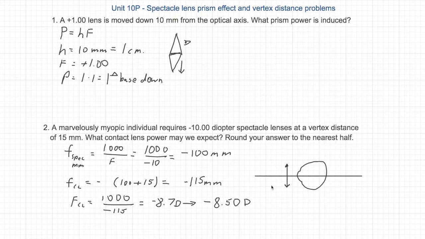There is our lens. It's a minus lens, so it's drawn with the inverted arrowheads. There is our secondary focal point, which is 100 millimeters from the lens. The vertex distance is 15. You add them up and you get 115.